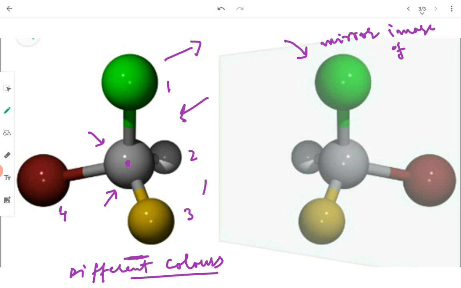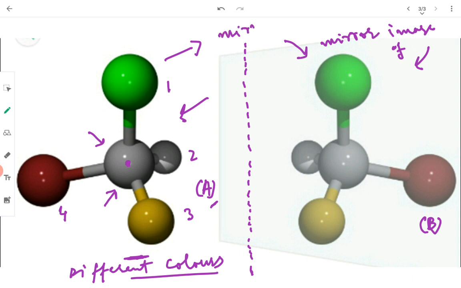If we designate it as A, इसको हम designate करते हैं B. You can see this molecule is the mirror image of molecule A, and if we put a mirror here in the center, let us suppose this is a mirror, you will see this atom here, it will be reflected here. In the mirror, it will be found here. This one, it will be found here.